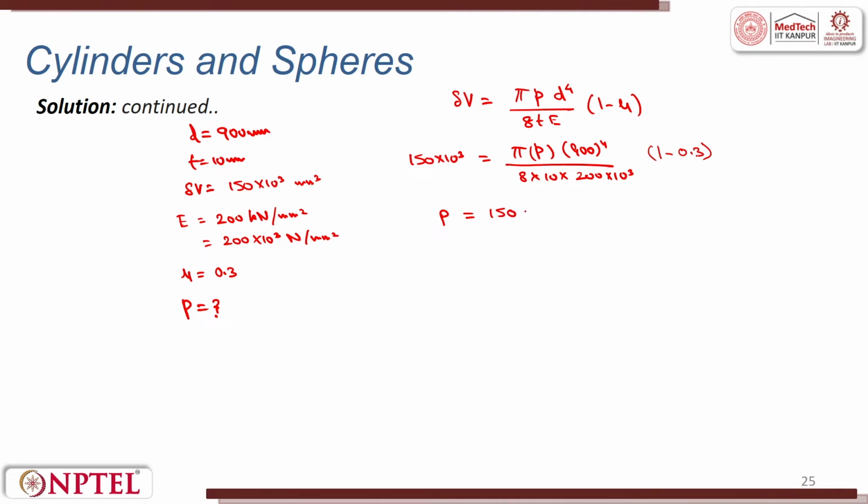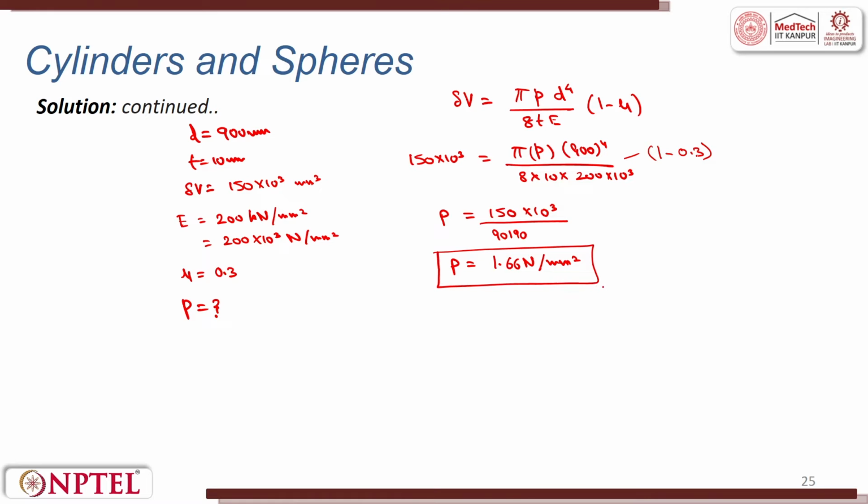This gives me P is equal to 150 into 10 raised to power 3 by calculating this whole value on the right hand side. So, this is 90190. Therefore, P is equal to 1.66 newtons per millimeter square.